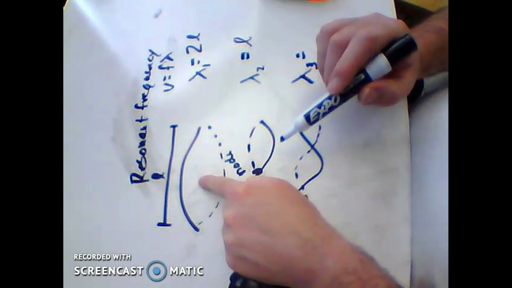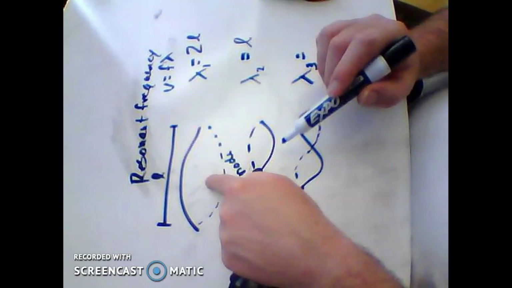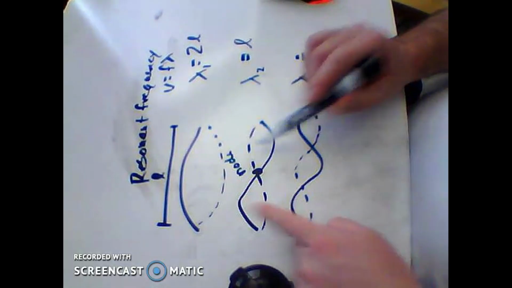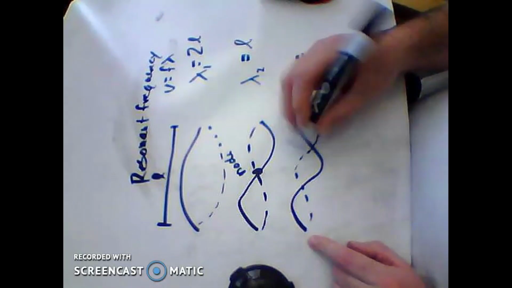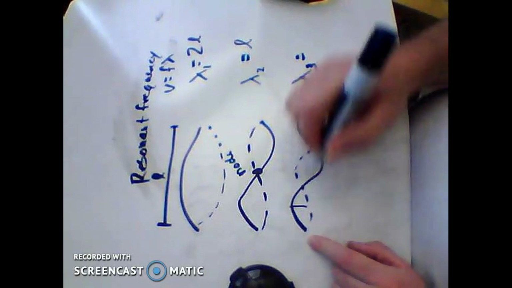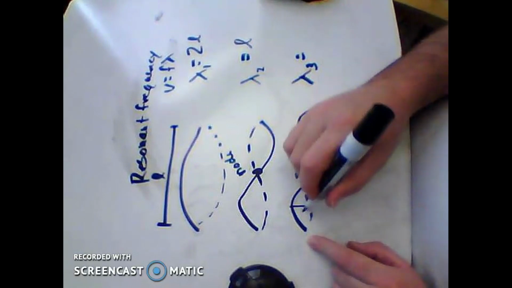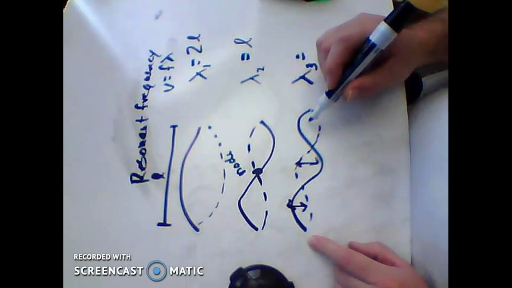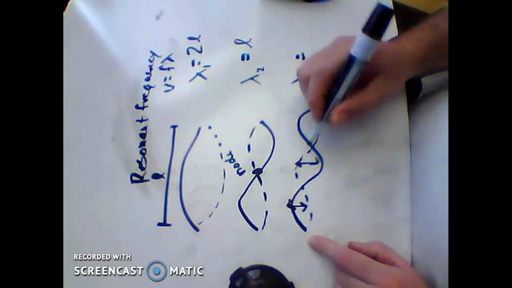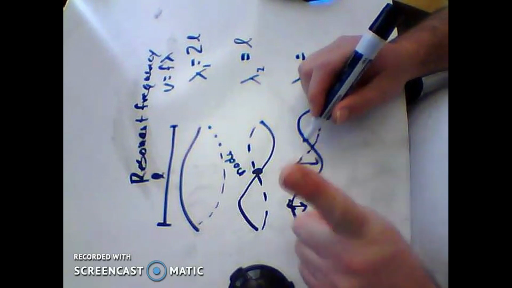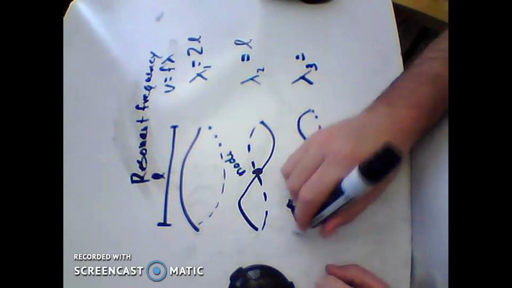So that's why this was only half of a wave, because it's either up or down, but it's not both. So this is a full wave right here. So a full wave is going to be this antinode plus this antinode. And then this one over here is just extra. So we actually have 1.5 waves in this one. So if we want to measure just our first wave, we're going to just measure down to here.